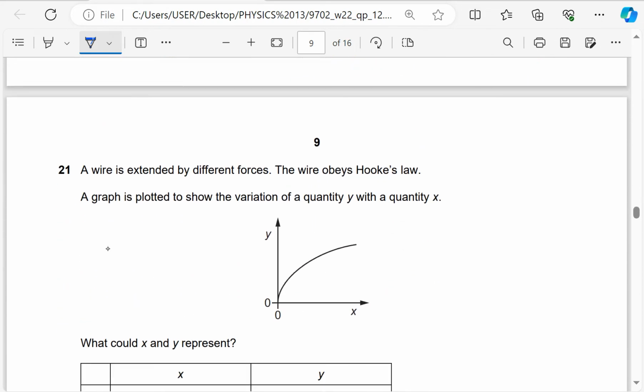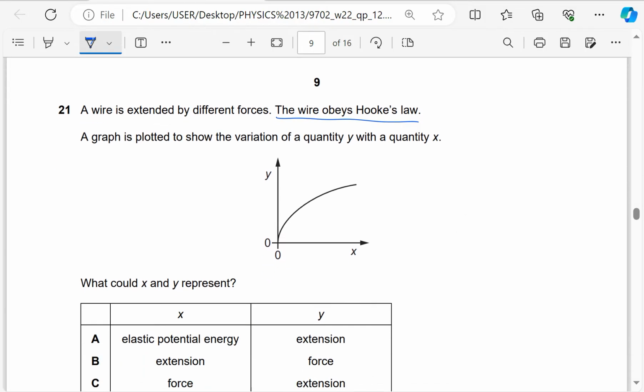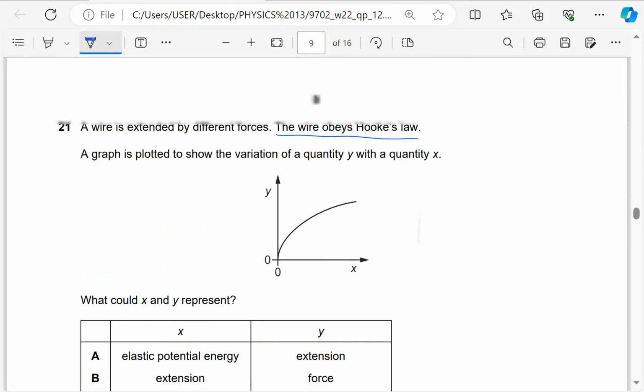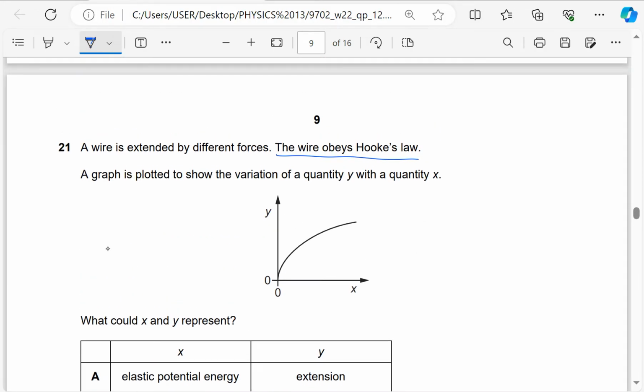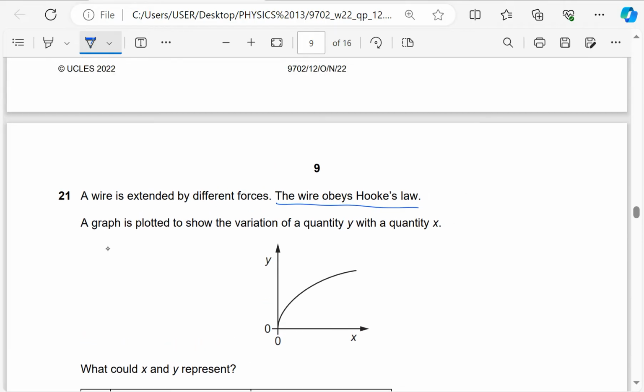A wire is extended by different forces. The wire obeys Hooke's law, and a graph is plotted to show the variation of a quantity y with a quantity x. It can't be force against extension, or extension against force, because from Hooke's law, F is equal to k times x.